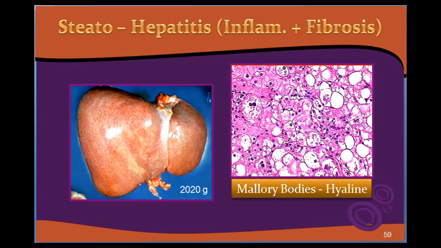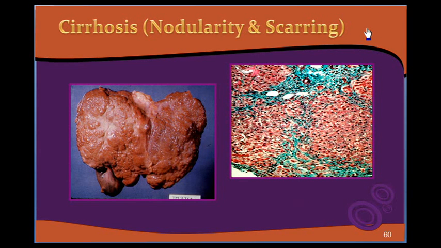The next slide will show the final stage or the stage of cirrhosis of liver, which is nothing but the end stage disease of fatty liver, the NASH, progressing on to cirrhosis. This slide is the cirrhosis of the liver.